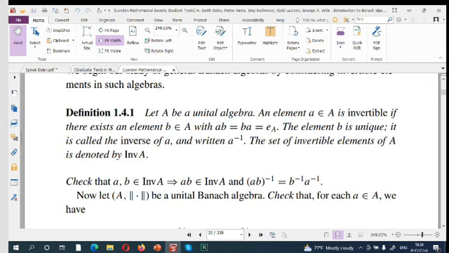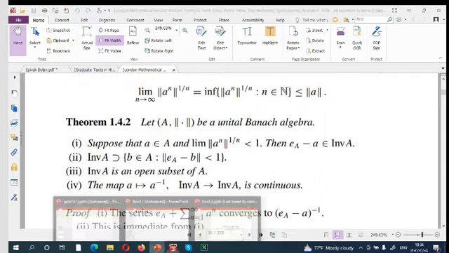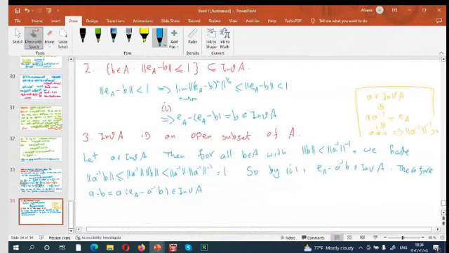If A and B are invertible, then this multiplication is invertible, and we have the inverse of AB equal to the inverse of B multiplied by the inverse of A. Okay? So this multiplication must be invertible.